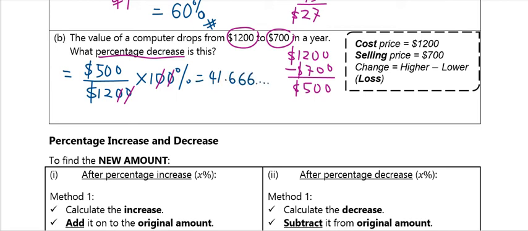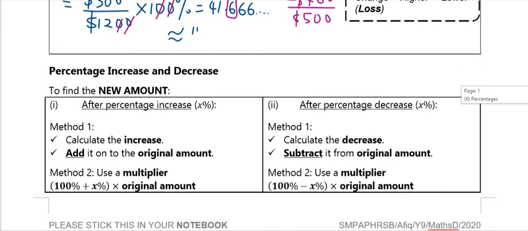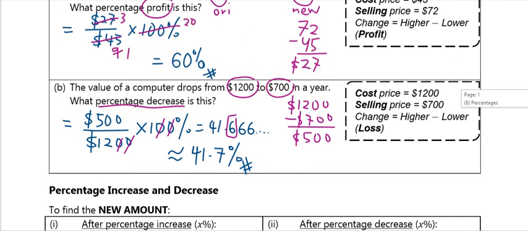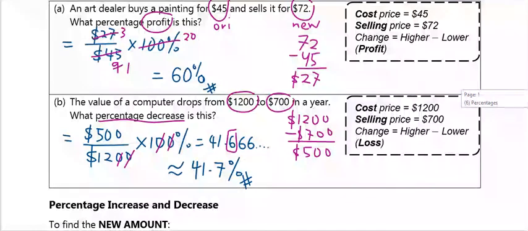So this is a repeating decimal. So what we're going to do is approximate this into 3 significant figures. So your answer will be 41.7%. Okay, so that's how you find for either percentage increase or percentage decrease.